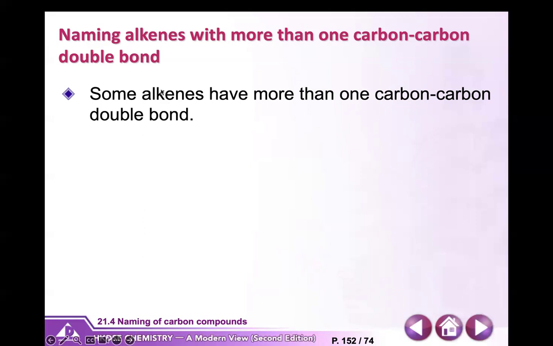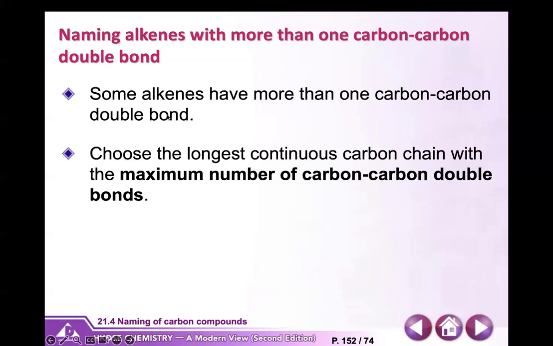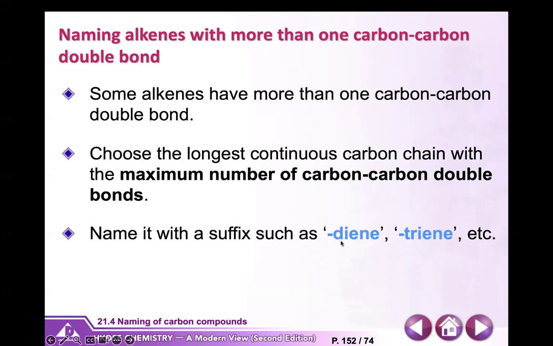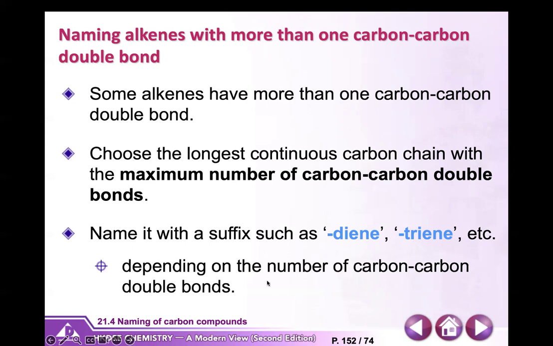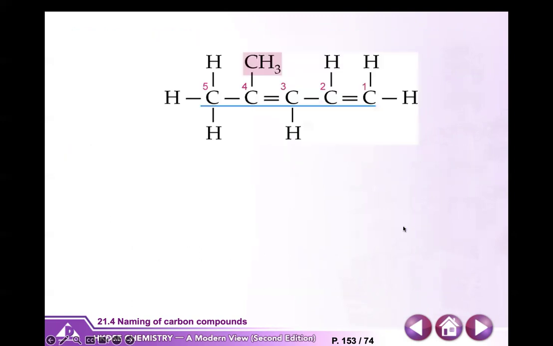In fact, we will say that they are alkadienes. And we choose the longest continuous carbon chain with the maximum number of carbon-carbon double bonds. And then we need to end with diene, triene, etc. If there are 2 carbon-carbon double bonds, it will be treated as a diene, or a triene for 3. So depending on the number of carbon-carbon double bonds, we choose diene or triene respectively.